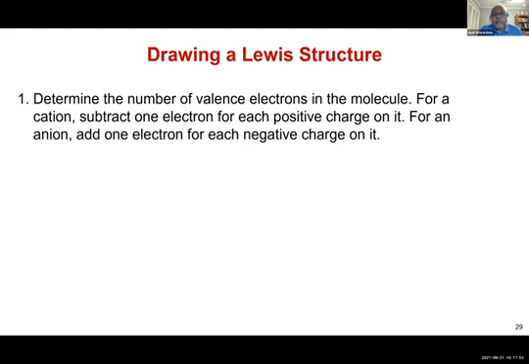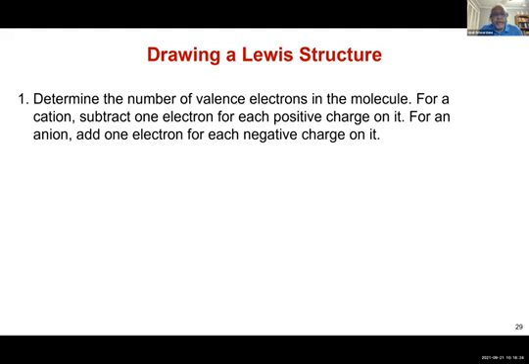For a cation, you subtract 1 electron from the valence electrons. For example, sodium has 1 valence electron. So the sodium ion has no valence electron in the outer shell. It's lost, but it has an octet now.